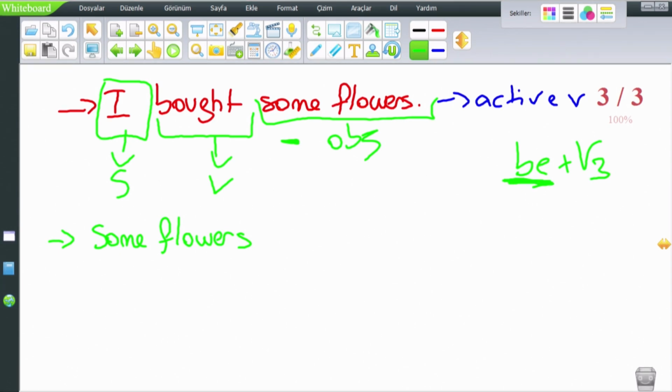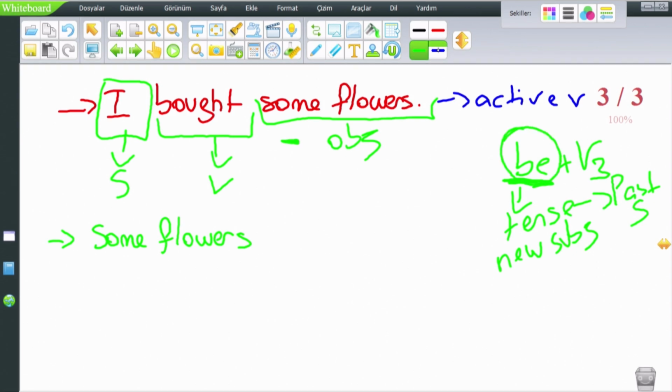This be in the sentence actually depends on the tense and the new subject we have in the passive voice sentence. We can see that our tense in the sentence is past simple. And our new subject is some flowers, which is plural. That's why I am going to use were as my be. Now I have a verb 3 form.